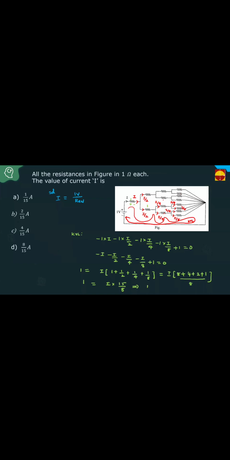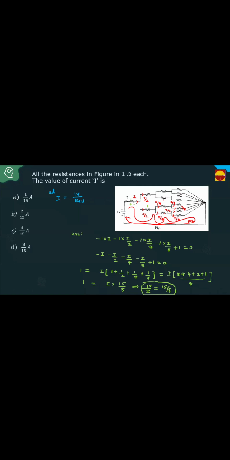What is I equal to? So this is 1 by I equal to 15 by 8. 1 is 1 volt, 1 volt by I is 15 by 8. I got 15 by 8.